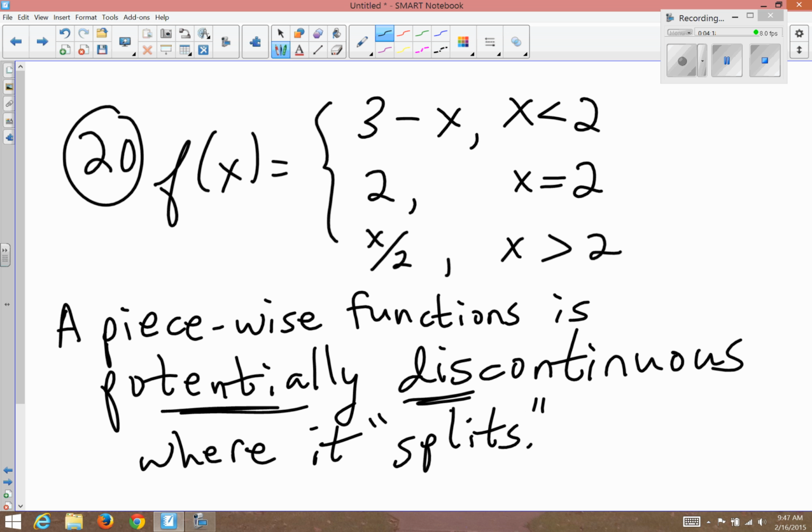This function splits from one piece to another at x equals 2, meaning there might be discontinuity at x equals 2.